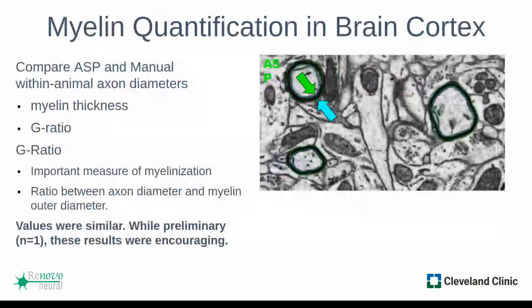Okay, so what we meant by N equals 1 is that this is 1 animal. We would need to do multiple within-animal experiments, but for what we were aiming for, we didn't need more than 1 animal. About how many measurements was that? 100 axons, so 100 G ratio measurements per animal.